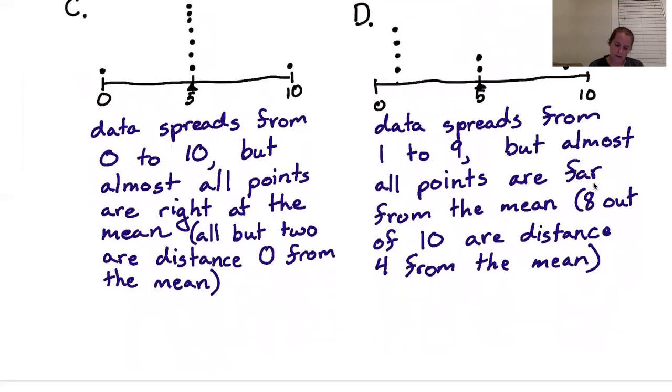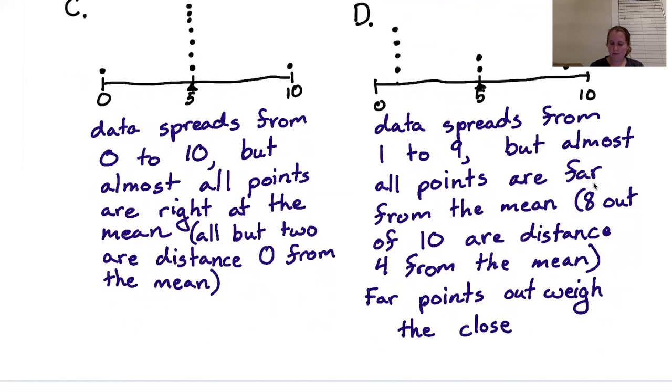So the far points outweigh the close. And by far and close, I'm talking about the distance from the mean. Whereas in this case, the close points will outweigh the far.